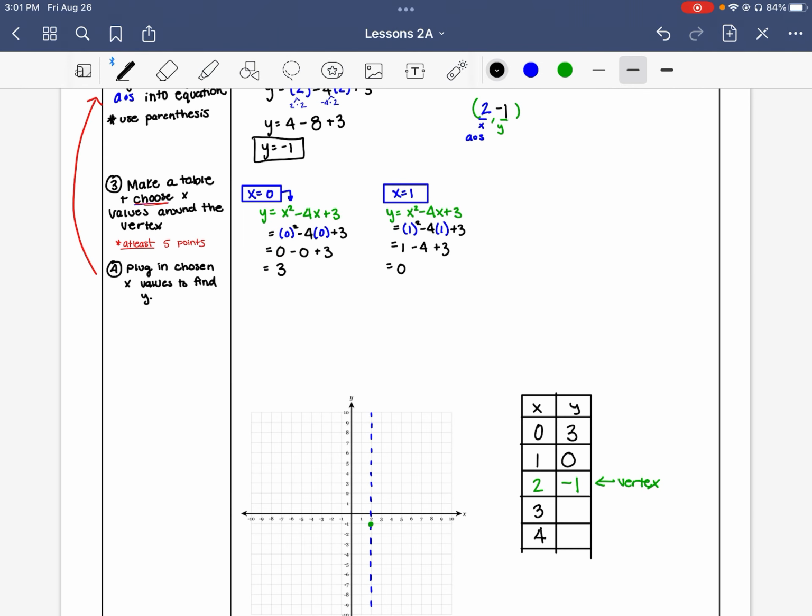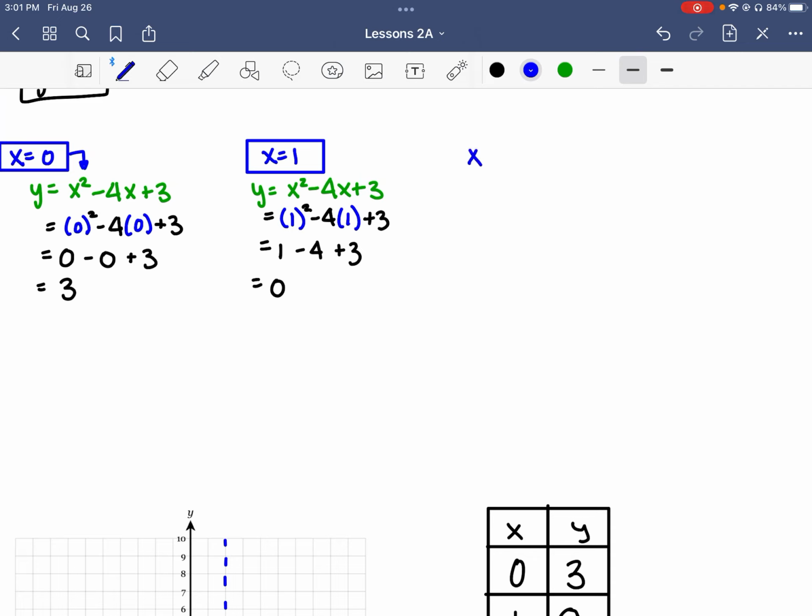Now we just need 3 and 4. So if x equals 3, my equation is y equals x squared minus 4x plus 3. I'm going to be plugging in 3. 3 squared minus 4 times 3 plus 3. 3 squared is 3 times 3, which gives me 9.